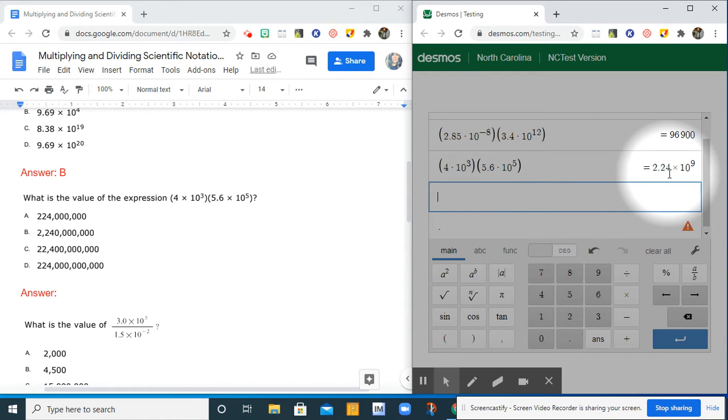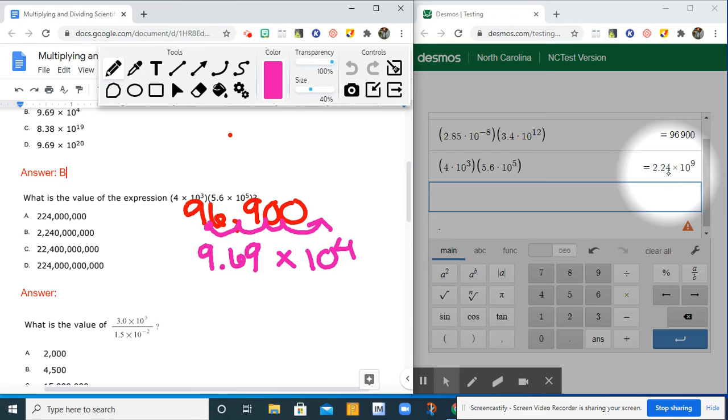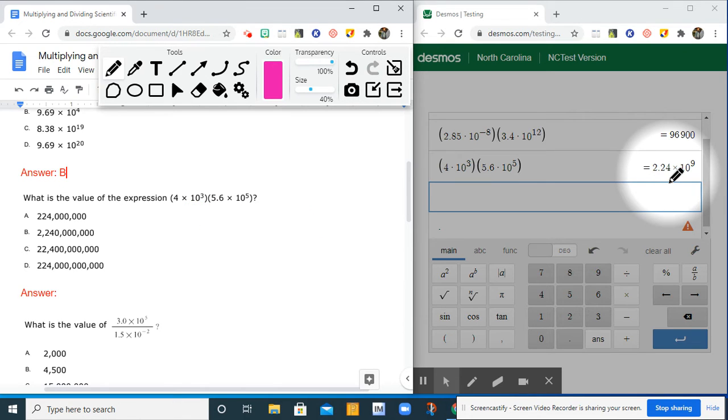Okay, so again, we have 2.24 times 10 to the 9th power. So I'm going to write that out. I'm going to clear that off. Okay, so we have, again, 2.24 times 10 to the 9th power.